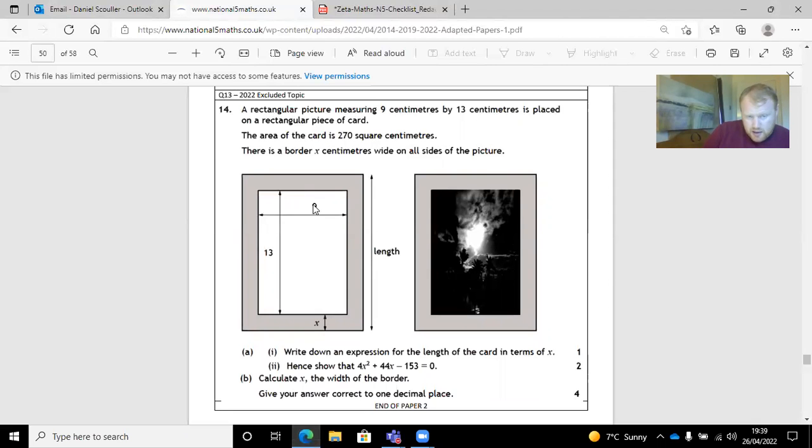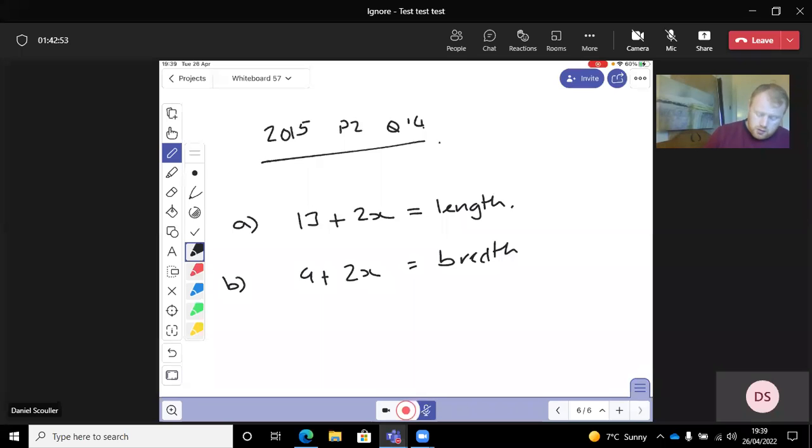Okay, so that's 9 plus the grey area there, plus another grey area here. So 9 plus x, so 9 plus 2x. Okay. Area of a rectangle is equal to length times breadth.